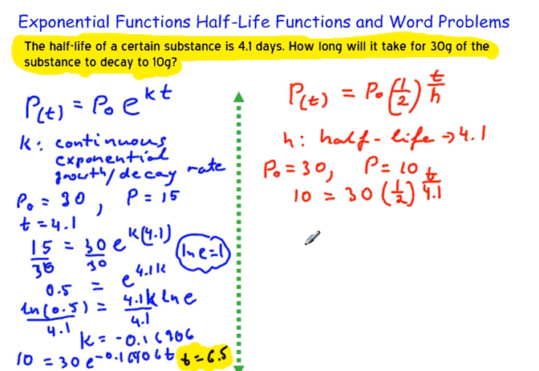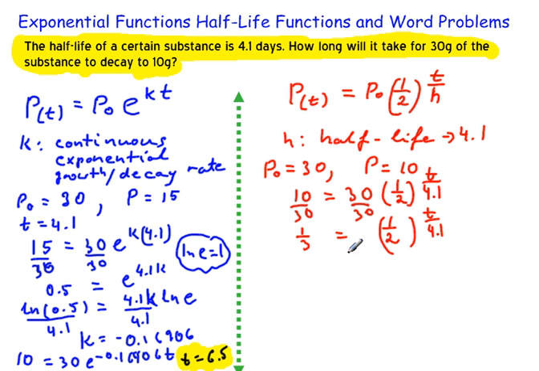Now, we didn't quite solve that value of t on the left hand side of the screen, but the process will be exactly the same from this stage. So both sides divided by 30 to simplify the equation. So we have 1/3 is equal to 1/2 to exponent t over 4.1.